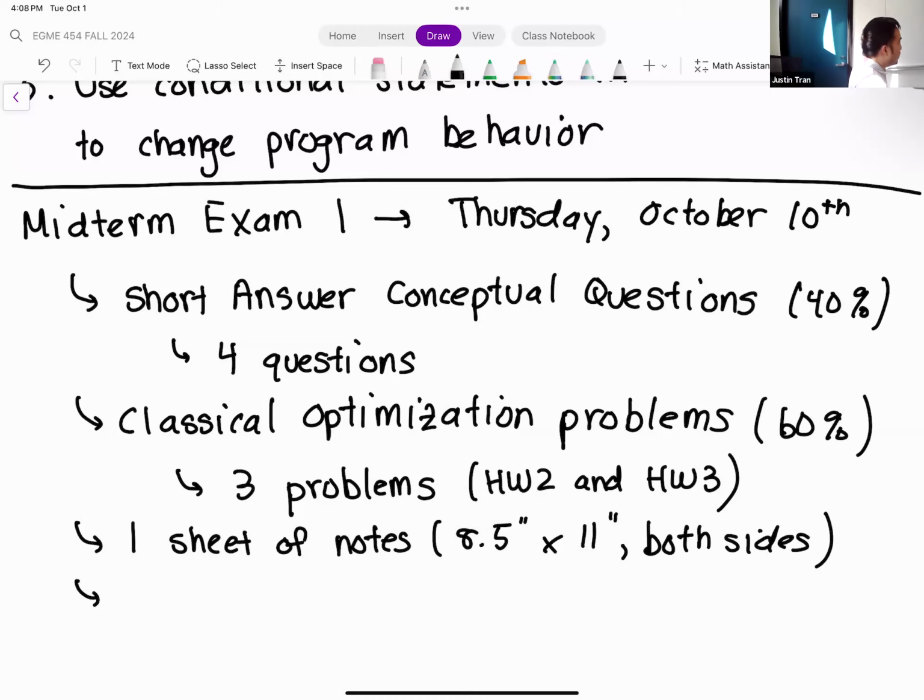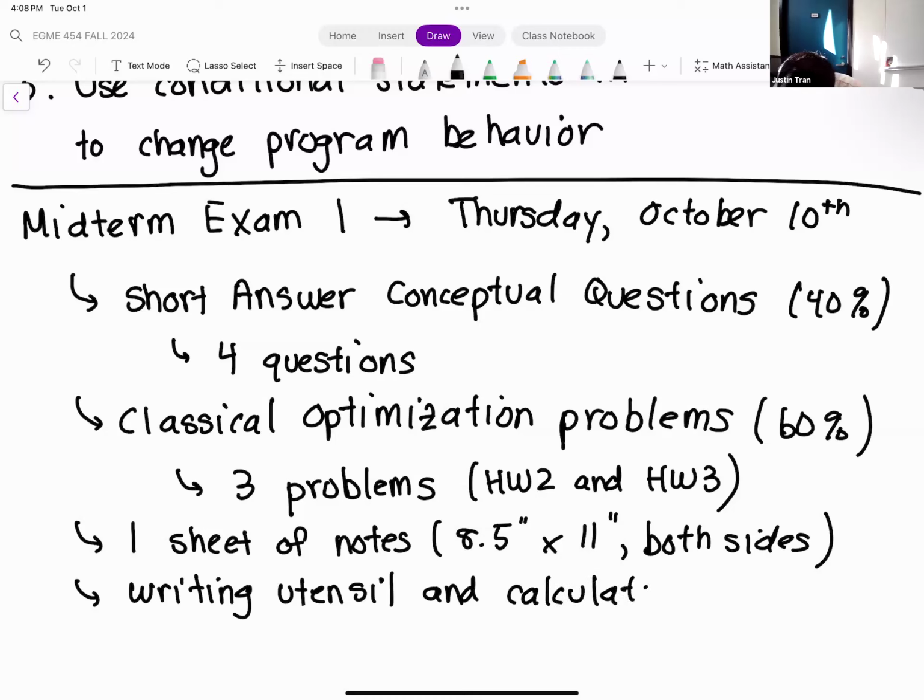Besides that, you can also bring your writing utensil, of course. Pencil, pen, whatever is most comfortable for you. And you can bring a calculator as well. I don't really have any restrictions on the type of calculator that you can use.